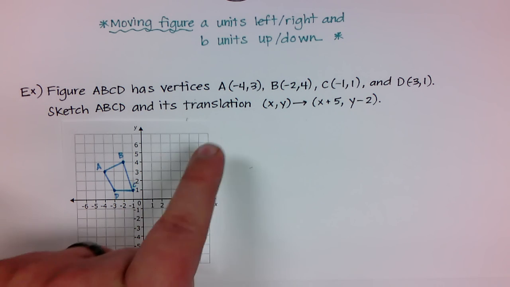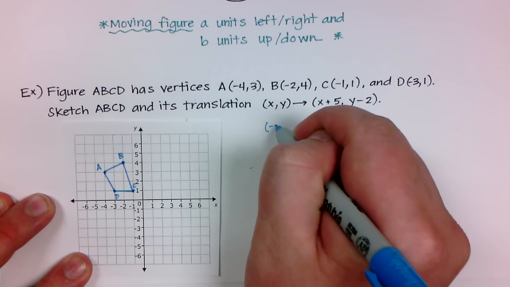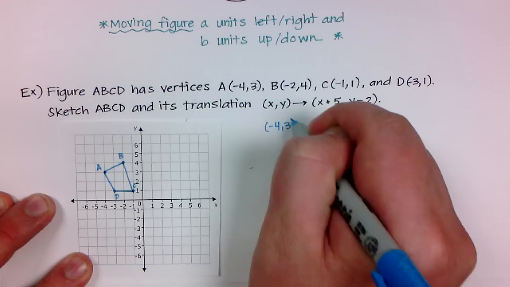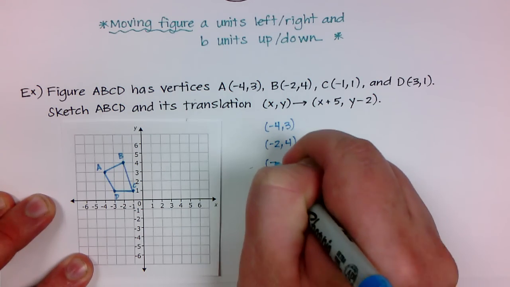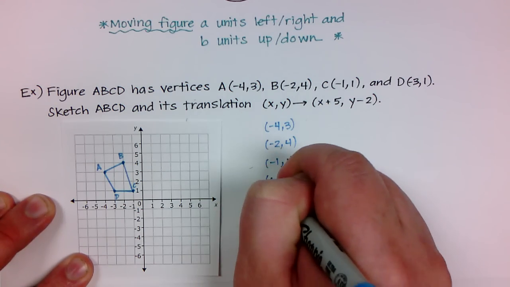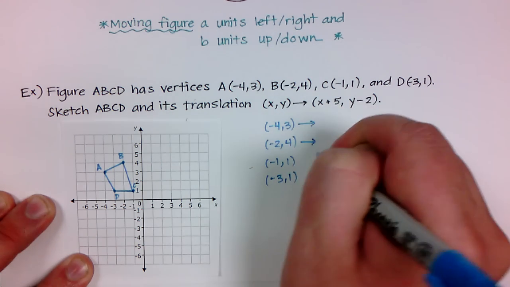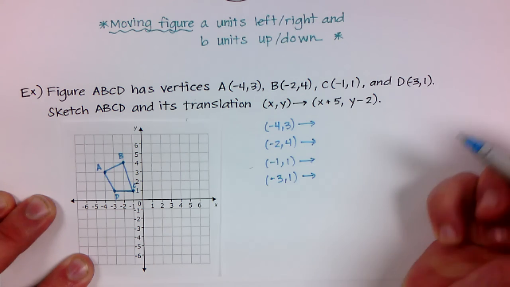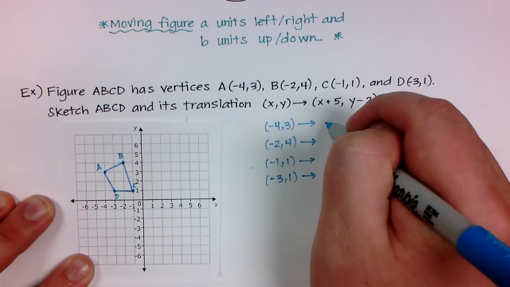And then it wants us to do the translation. So in order to do this, I'm going to list my original points right here: -4, 3, -2, 4, -1, 1, and -3, 1. And then I'm going to change each of these by adding 5 to the x and subtracting 2 from the y.